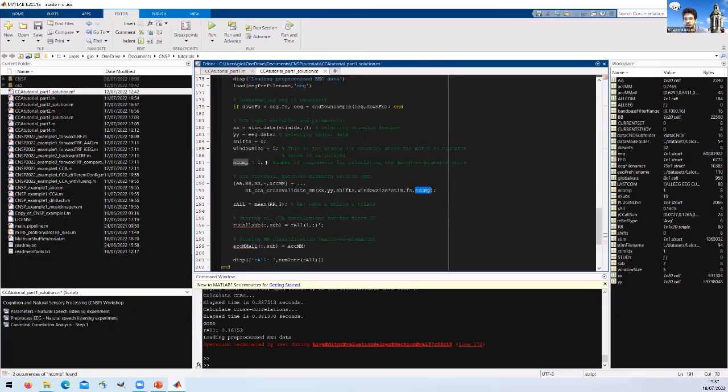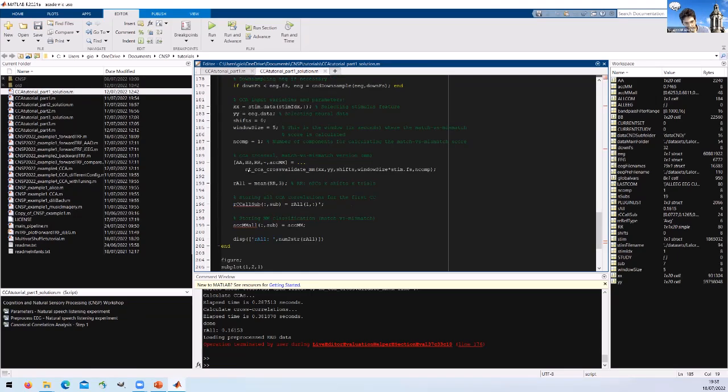Let's say that we just calculate it on one component for now. And it's going to be calculated on this window, so on 5 seconds, for example. So you're going to figure out this classification match versus mismatch on 5 seconds, or if you want on 30 seconds or whatever, as long as it's not longer than your trials. Otherwise, of course, it's not going to work.